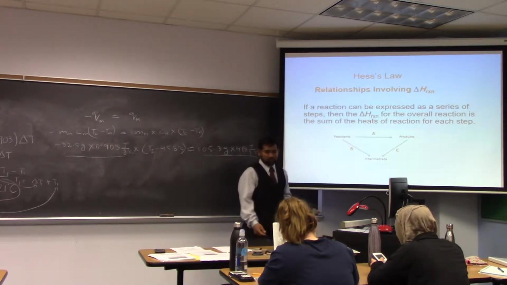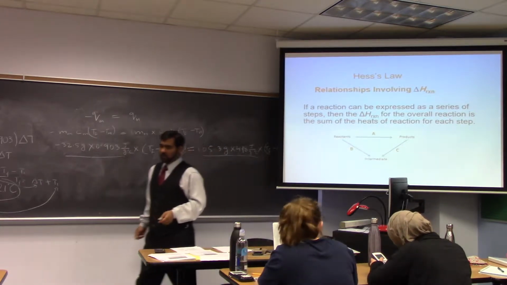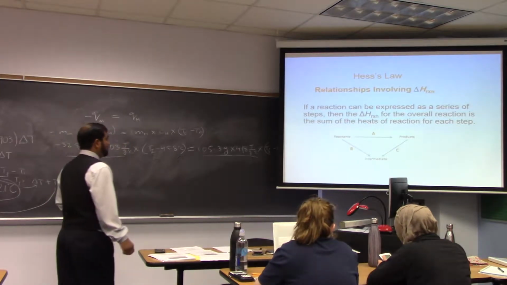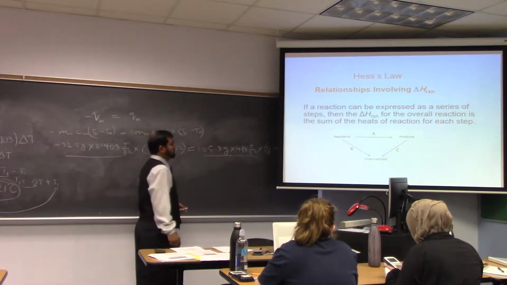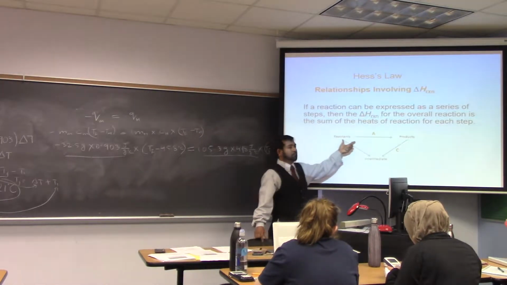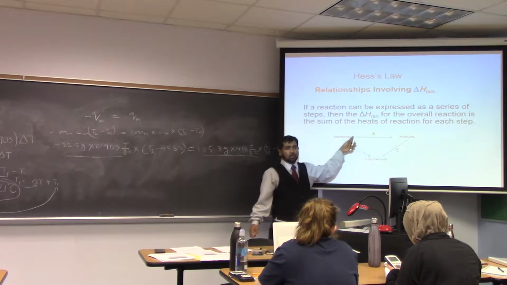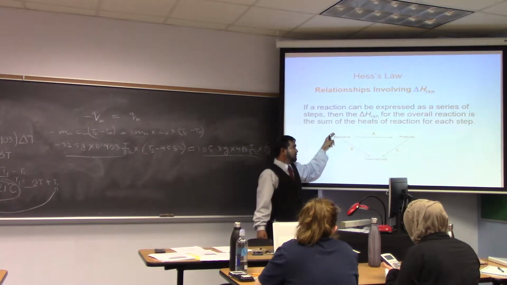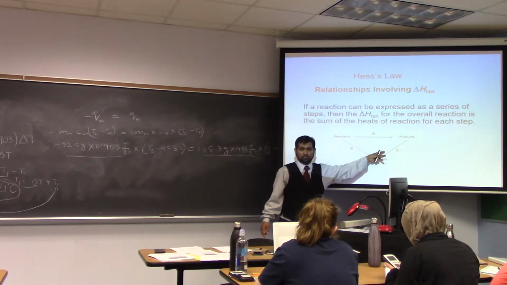The following topic of this chapter is Hess's law. What does Hess's law mean? What is this law for? This law shows that the enthalpy for a reaction is the same whether you go by the direct reaction or calculate each step.